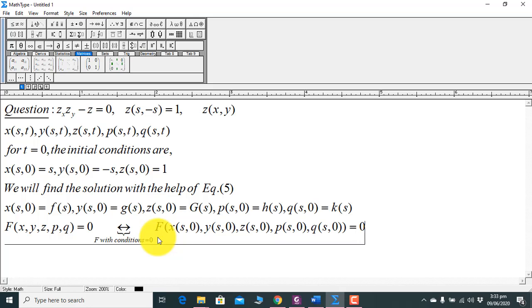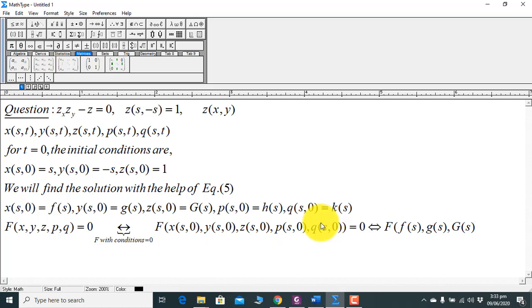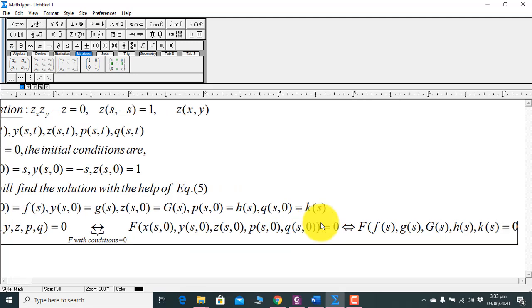But you have to be very precise. You can write the same thing as capital F of f of s, g of s, capital G of s, h of s, and k of s, which will also be 0.